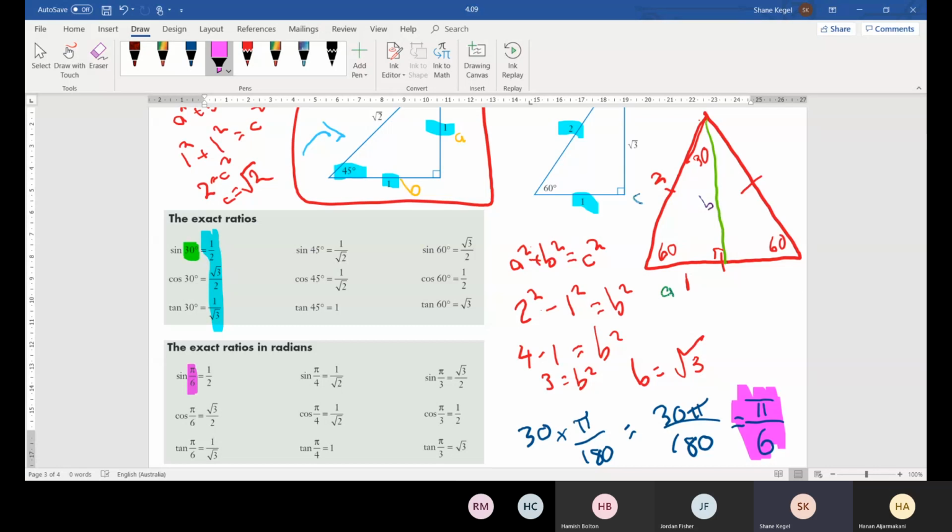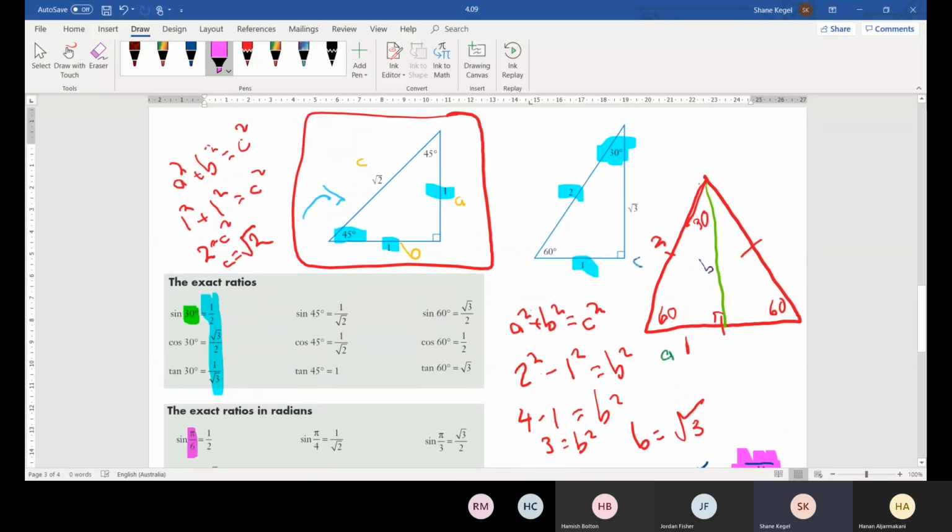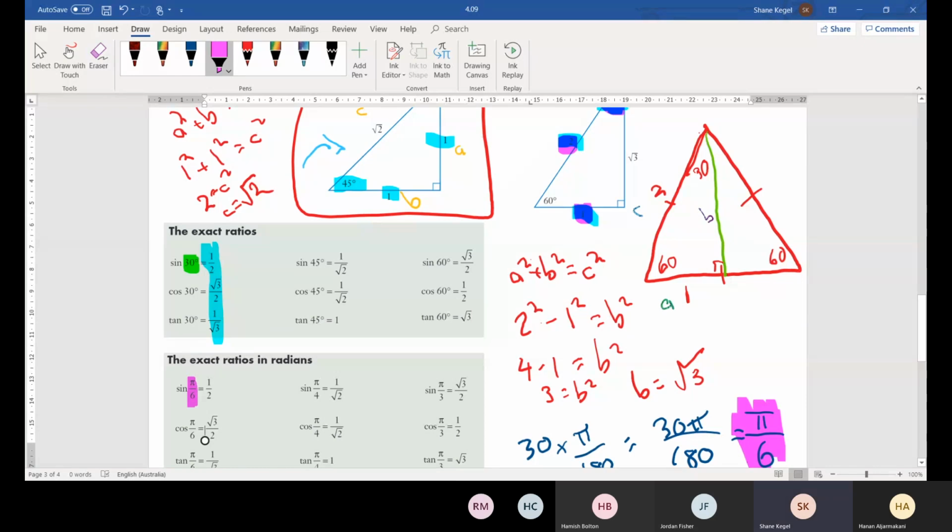And then we'll come up to the triangle again. We'll know that pi on 6 is the same as 30 degrees, and we could use our 30 degrees, do our O over H to get our half. Cool. So you might get questions that say evaluate this, or what is the exact ratio of this.